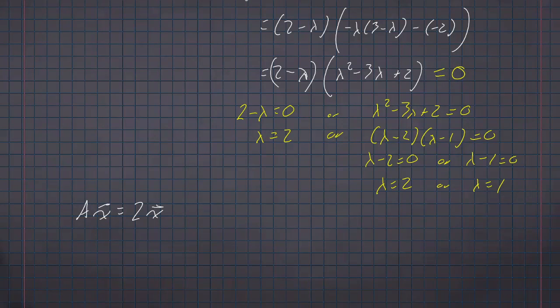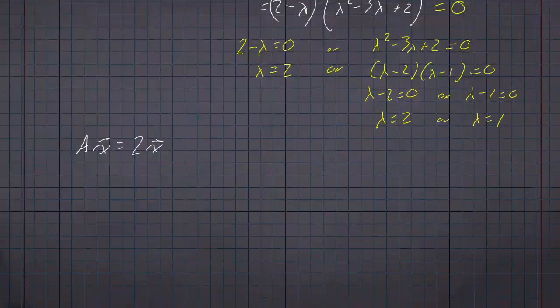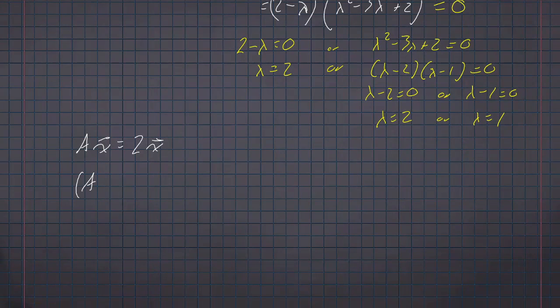So for lambda equals 2, we're looking at the equation Ax equals 2x, or A minus 2I times x equals 0 vector is a much easier way of dealing with that. And when we perform that A minus 2I, we get the 3 by 3 matrix negative 2, 0, negative 2, 1, 0, 1, 1, 0, 1.